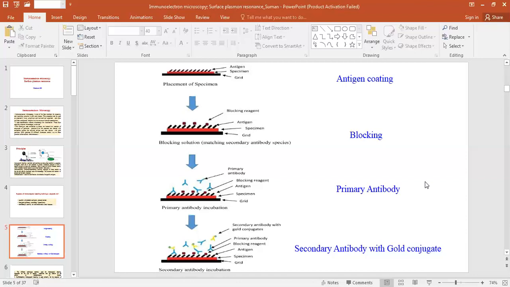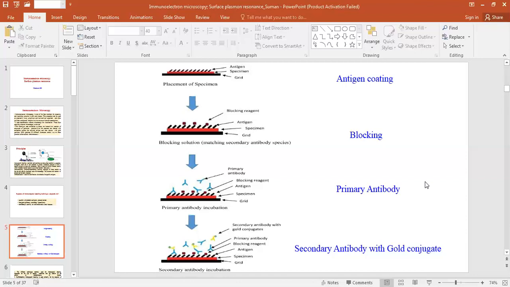Alternatively, molecules can be absorbed in a thin plastic film, followed by embedding in an electron-dense stain or angular shadowing with evaporated metals. So, immune electron microscopy is used to localize molecules at the ultrastructural level by labeling them with specific antibodies.